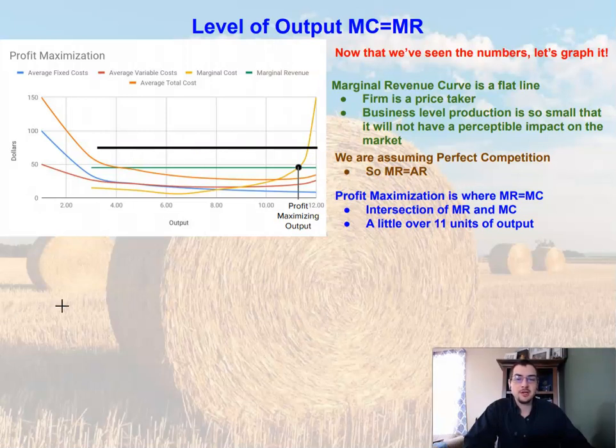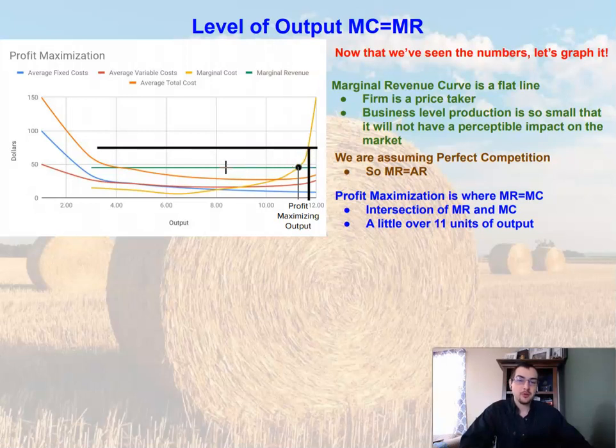It's increased. Well, what is going to happen to our level of production? Our level of production is going to increase. Because of the increase in revenue, you are now incentivized as a business to produce more. And you're always going to produce where marginal revenue equals marginal cost.